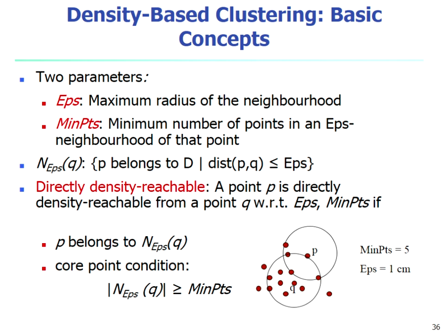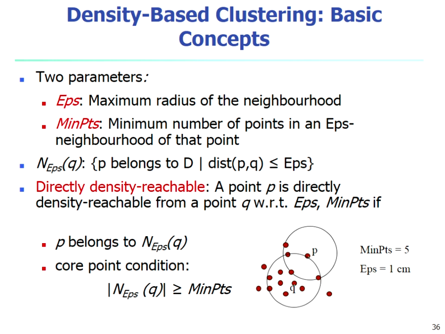So this is an example. This point P is directly density reachable from Q. This is Q, this is P. Why?